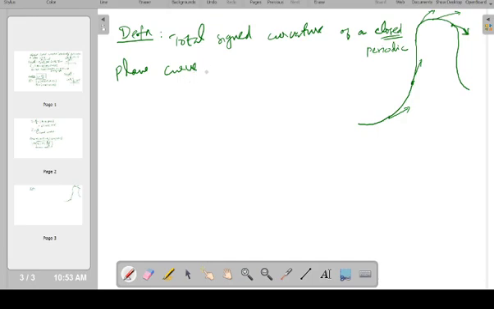Plane curve, and that is of unit speed. Closed means periodic of some positive period, let it be L.